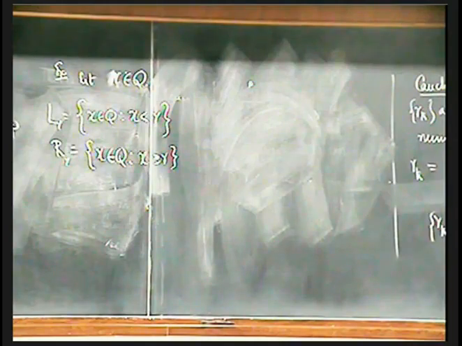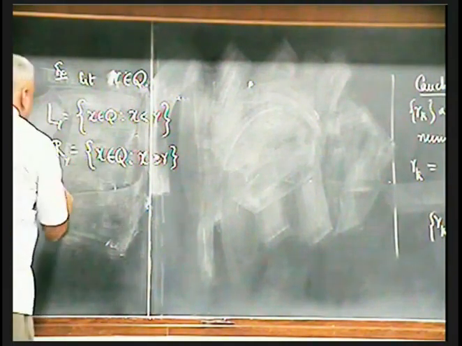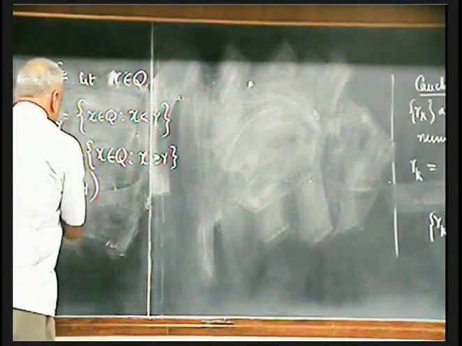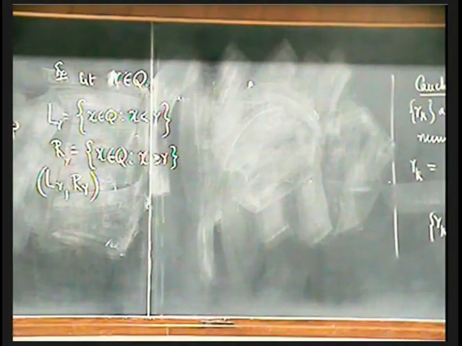So this is a valid such partition, L_r, R_r. I will denote it by (L, R).